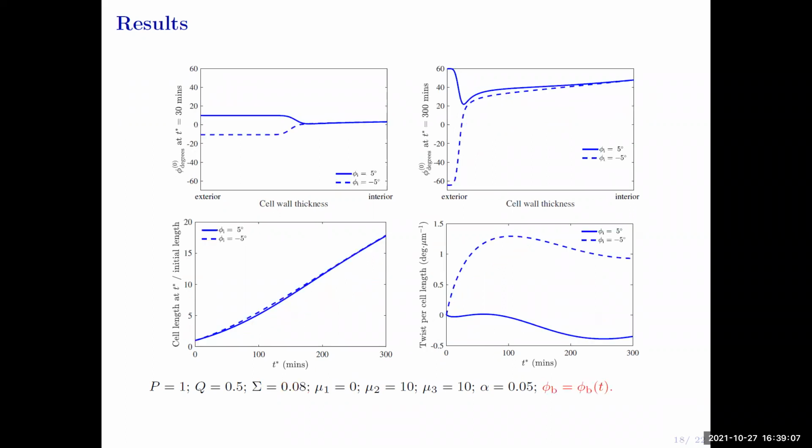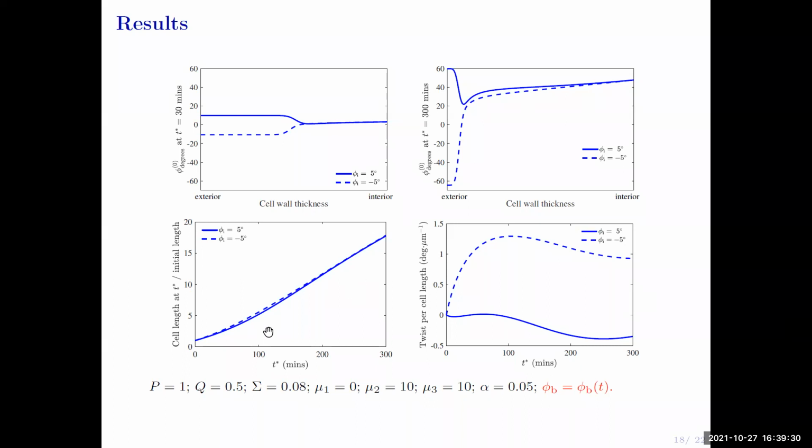And here, what I want to emphasize is not so much the results, but the fact that the system is set up in such a way that you can put any phi b into the model. So if you tell me, okay, actually I think phi b is a smooth step function of time, where it starts off being 0 and goes towards 90 degrees, I just put that into the system and I can see what comes out.